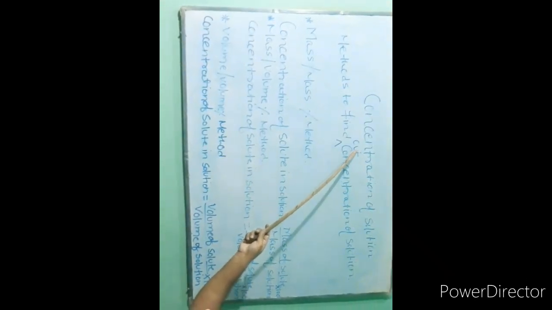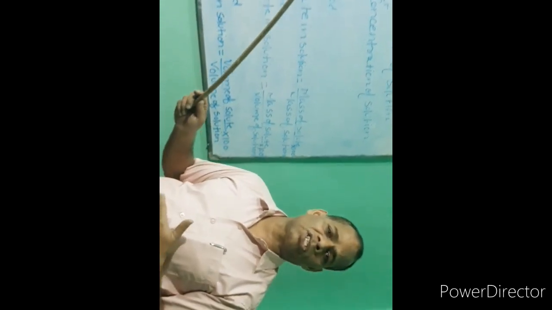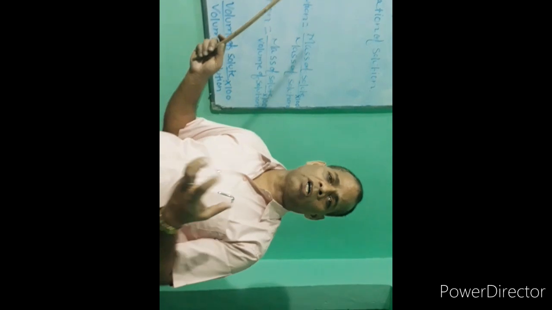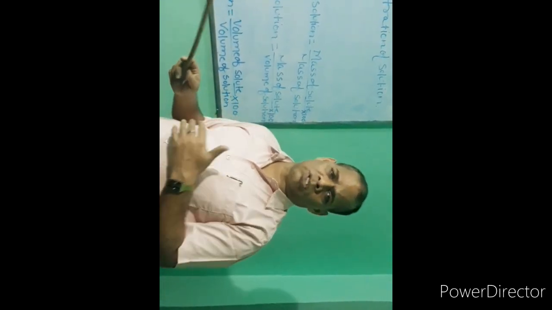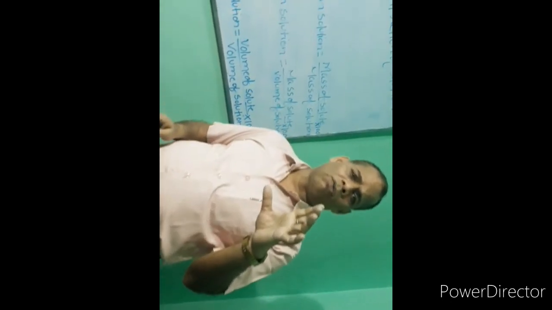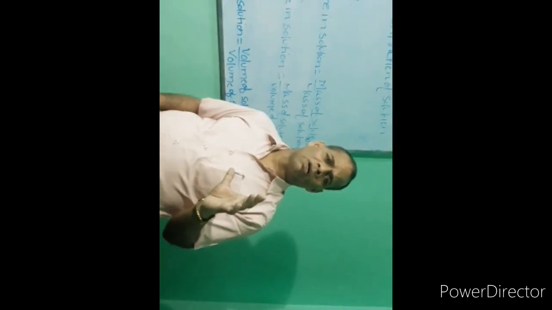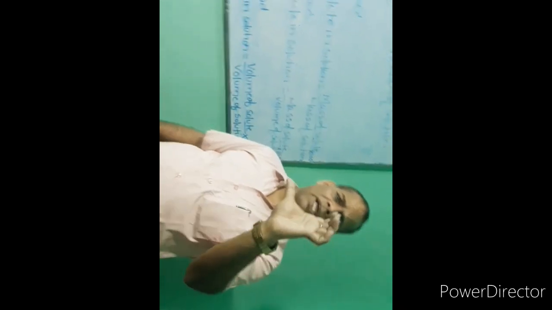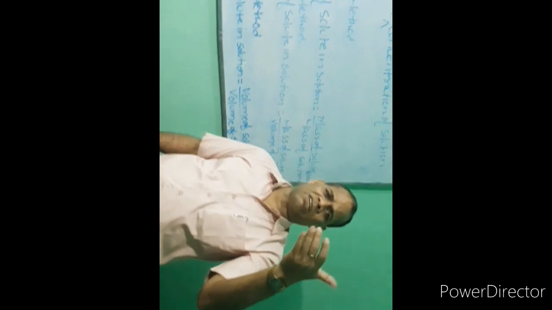So now, the method to find out the concentration of solution. How do we find out the amount of solute present in a given solution? When you buy medicine from the medicine shop, any cough syrup or any type of medicine, you see the composition is written.